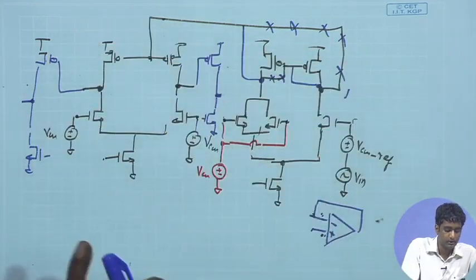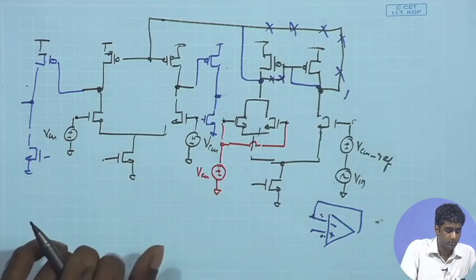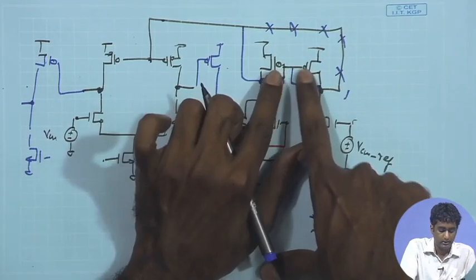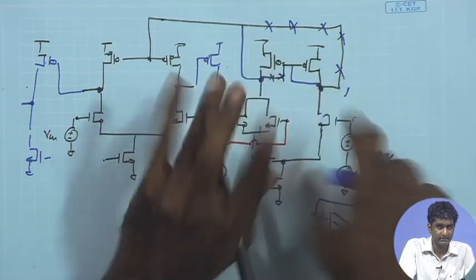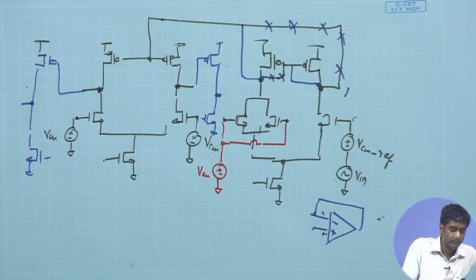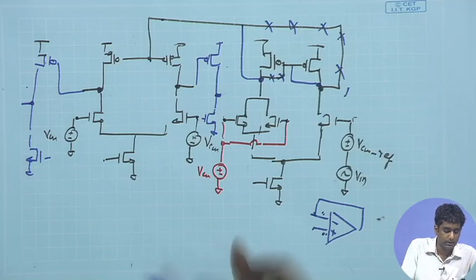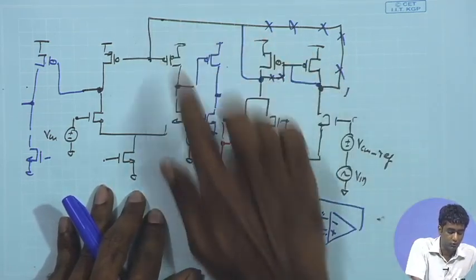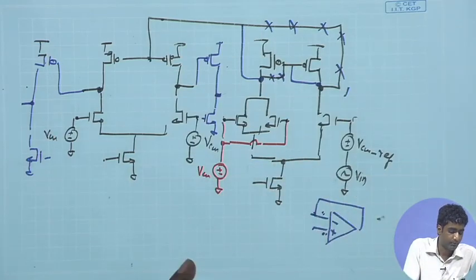So in the single loop, if you are using this entire common mode feedback, then I suggested that to keep the loop gain within bound, let us have both the PMOS diode connected, so that the loop gain is within the limit of GMRO square. It is not going to GMRO cube, because in this loop, if the gain goes to GMRO cube, all the three nodes that you are having in the loop have equal or equivalent open loop pole values.